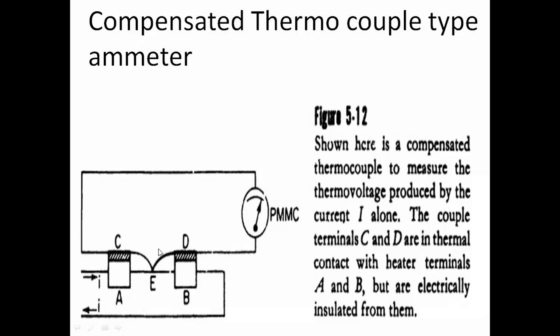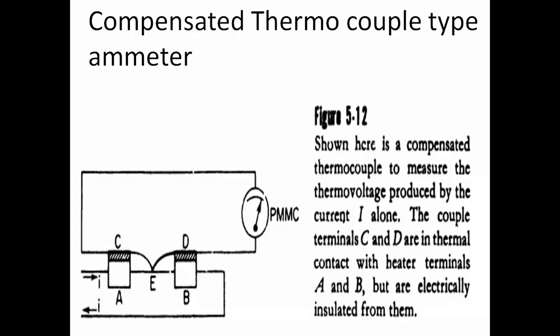We are maintaining the same temperature, so that's why the potential at these points is the same. So there is no variation. Like this we can obtain the potential which is proportional to the amount of current flowing through the wire. Okay, so like this we can use the compensated thermocouple type ammeter.